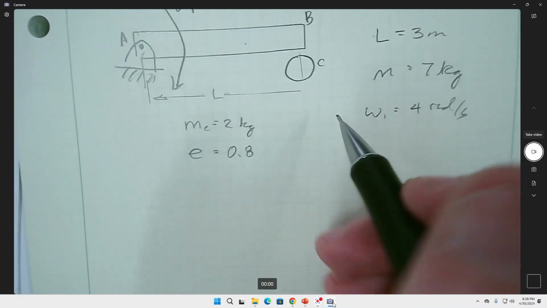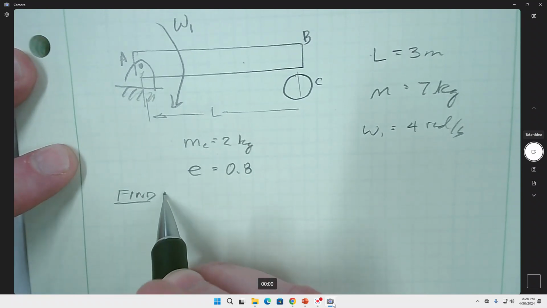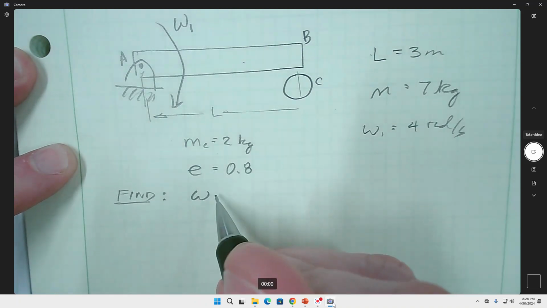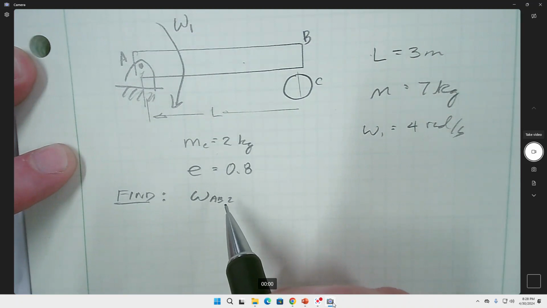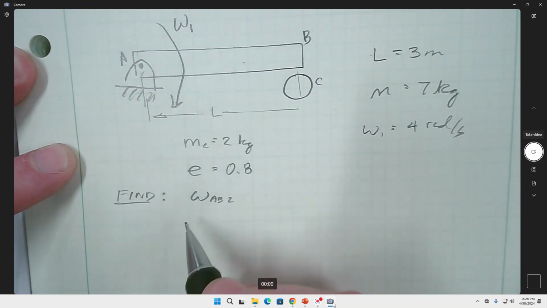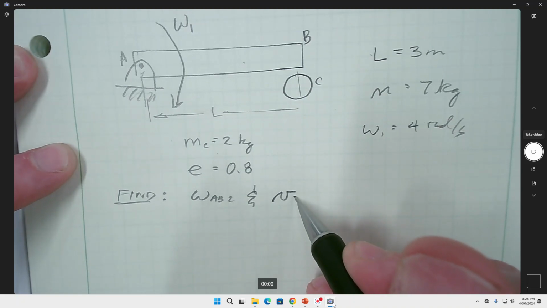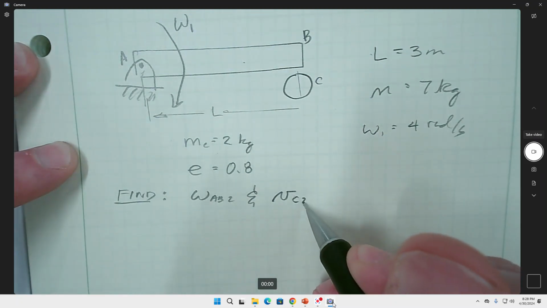And determine, so our find is going to be the angular omega 2. And the velocity. So this is really the one we care about. Who cares about what the angular velocity of this rod is after the thing? We only care about the ball, but we call it C2.